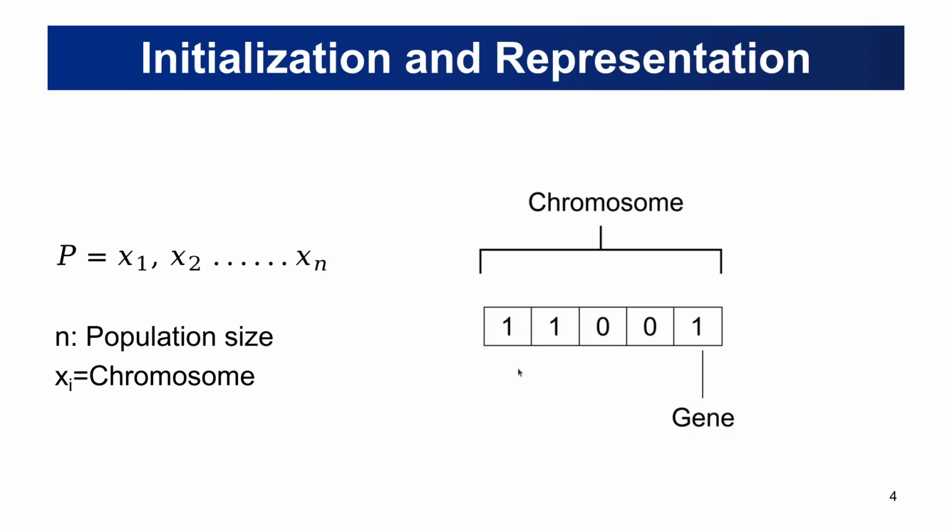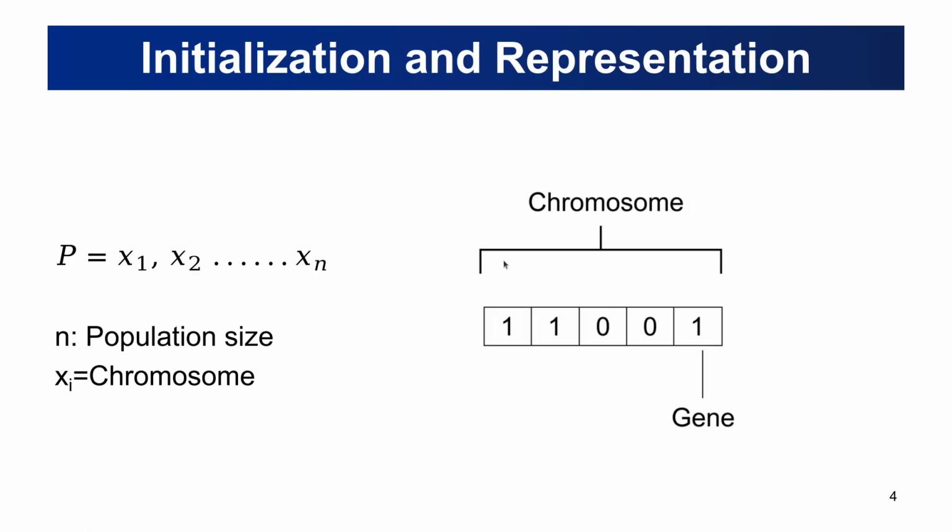For each feature, if it's selected, then that particular section, which we call a gene, is specified as 1, and if the feature has not been selected, it's 0. So here there are a total of 5 features in the data. However, 3 of these features have been selected: the first, second, and then the 5th feature. And so that's how it is.